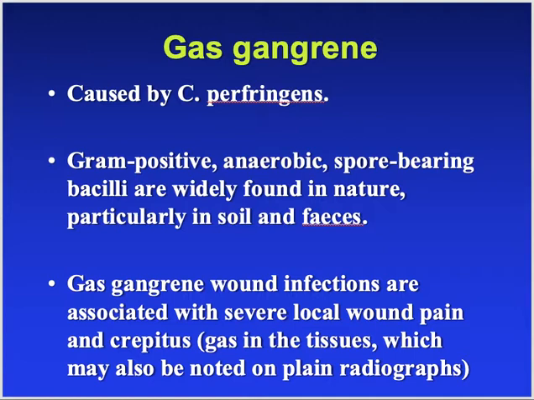If you're good in microbiology, you know what aerobes and anaerobes are, what is gram positive, what is gram negative, and then there are bacilli, which is the old name; nowadays they call them rods, or the atypical bacteria. So this one is a gram positive anaerobic, spore forming rod.